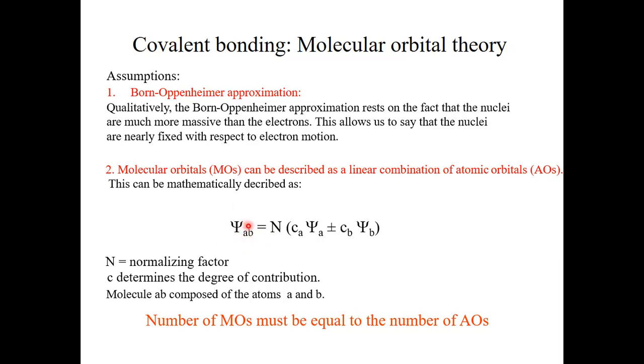So psi AB is the vectorial addition or the vectorial subtraction of the two atomic orbitals psi A and psi B, whereby psi A and psi B have coefficients Ca and Cb that determine the degree to which the atomic orbitals contribute to the molecular orbital.